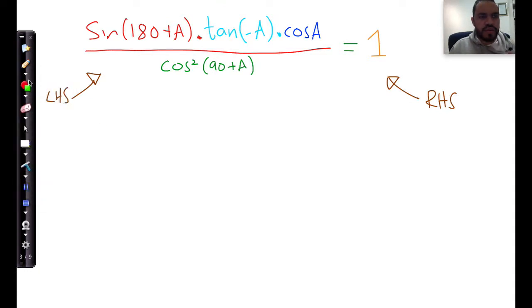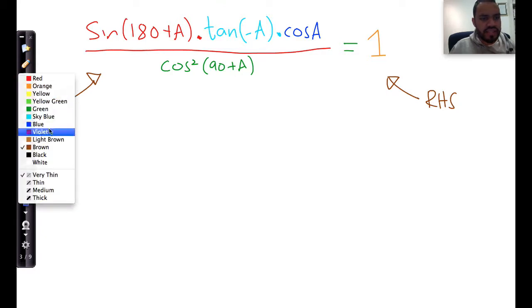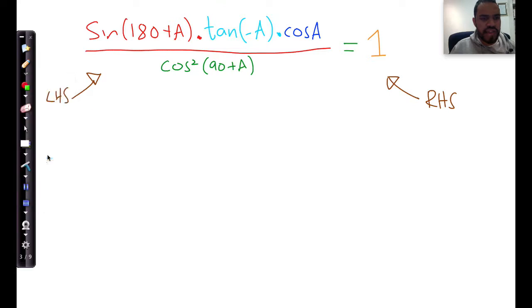When you start a question like this, you need to lay it out properly. So you start off by saying left-hand side equals, and let me use a color that is not in there. There's blue, sky blue, red, and that, so I'm going to start off with black. I'm going to say left-hand side is equal to, and I write down the question, right? So you write down sine of 180 plus a.